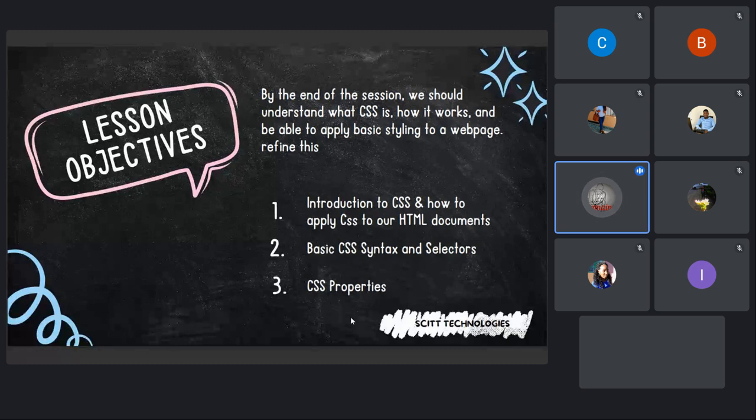We've already done this a couple of times, but we're recapping to deepen our understanding. The second is the basic CSS syntax and selectors in CSS and HTML. Then the third thing by the end of the class is CSS properties.